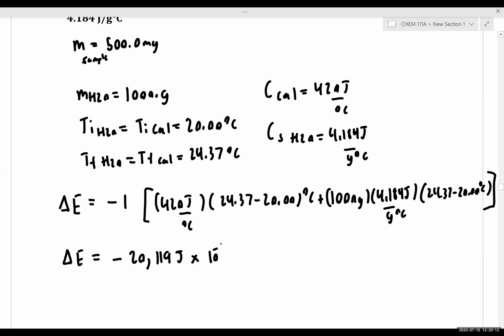In 1 kilojoule, there are 10 to the positive third joules. And that in turn gives us negative 20.1 kilojoules for our change in internal energy.